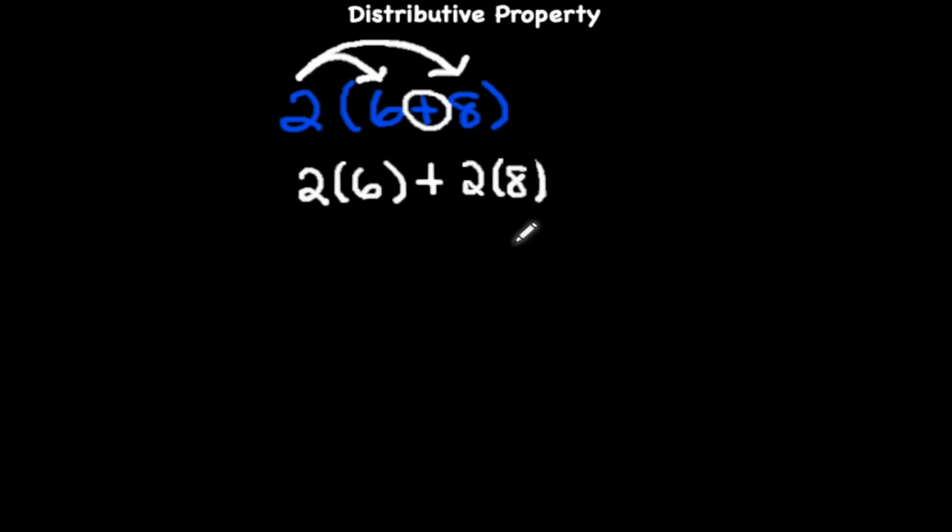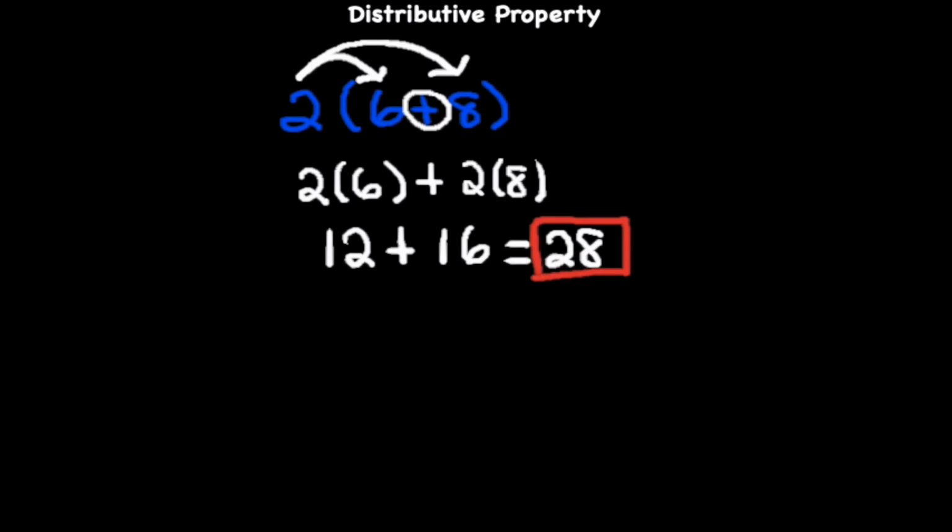And so what you're going to do now is add the sum of the two products, right? So 2 times 6 we know is 12, plus 2 times 8 is 16, which gives you a sum of 28, okay?